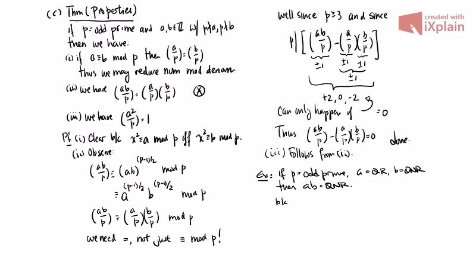This is because ab over p is a over p times b over p. A over p is 1 because it is a quadratic residue, and b over p is negative 1 because it's a quadratic non-residue, and therefore the product is negative 1. So this gives you insight as to how all these things go together to give you various possibilities.